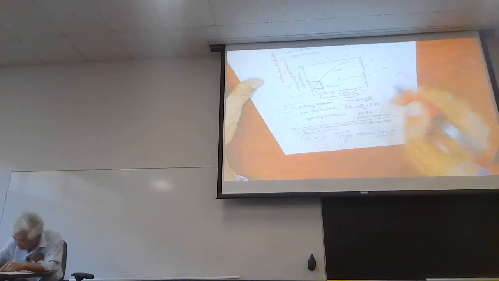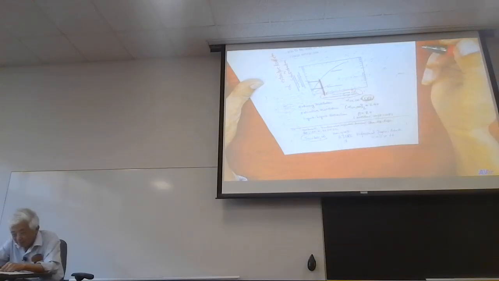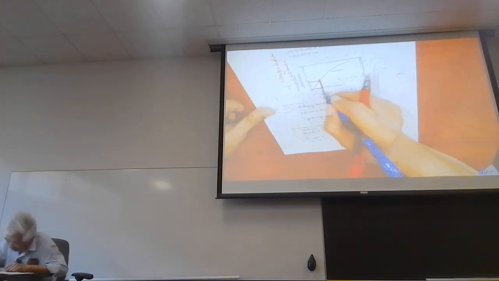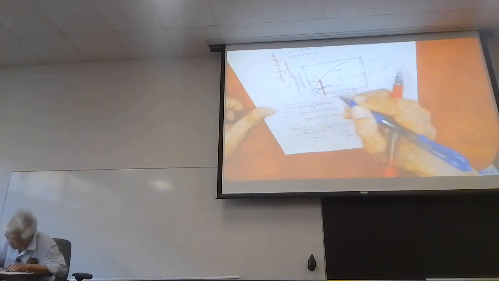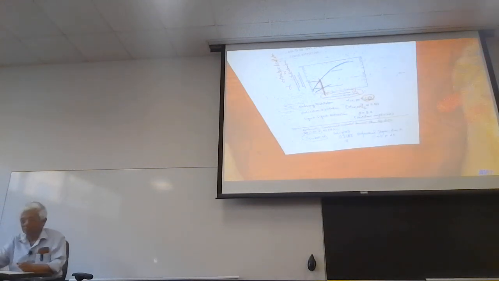If your relative volatility is 1.66, that's here. You're at a vertical line. You divide this plot: extractive distillation, liquid-liquid extraction.